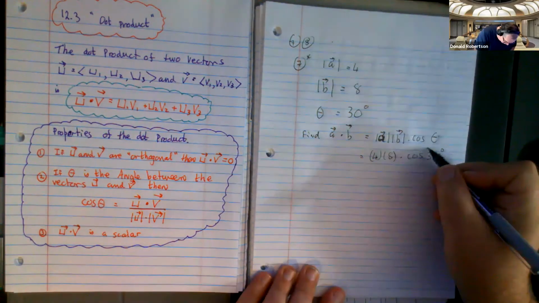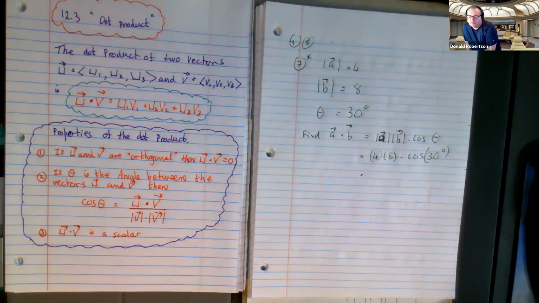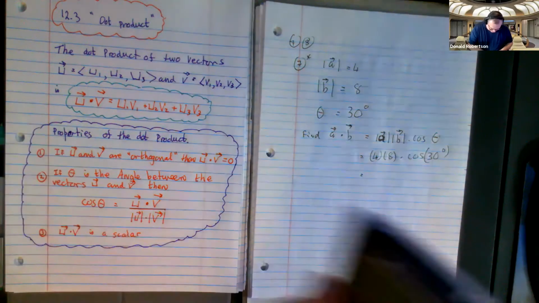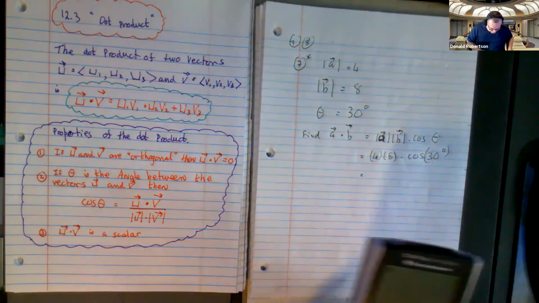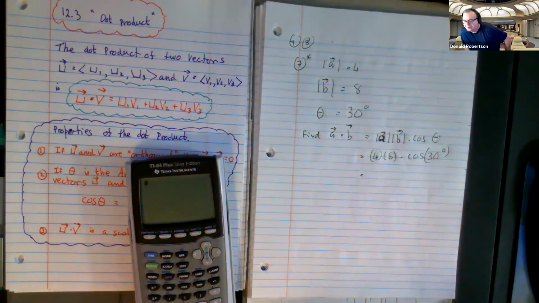And have you noticed that they don't use radians that much, although they do occasionally, in vectors? It's easier for people to see 30 degrees than it is to see pi upon 6. Problem, we do not want decimals.